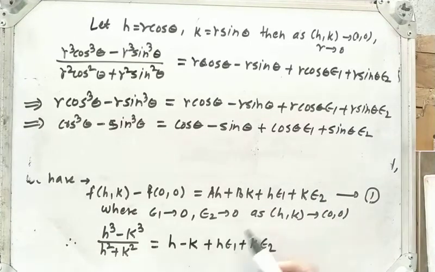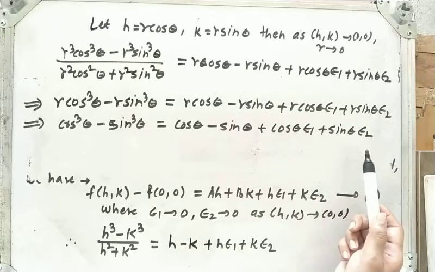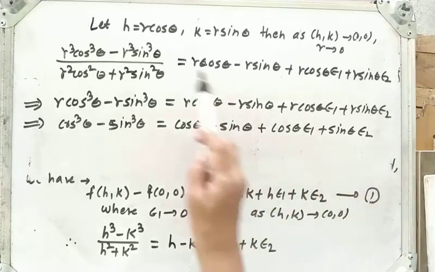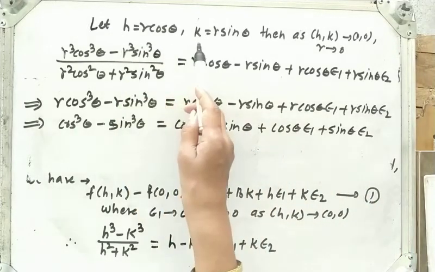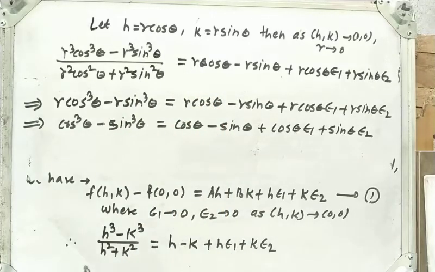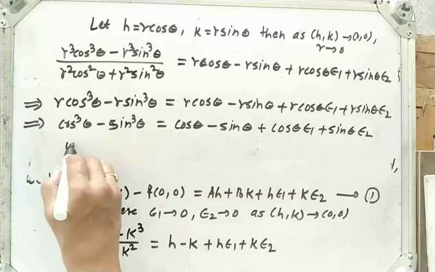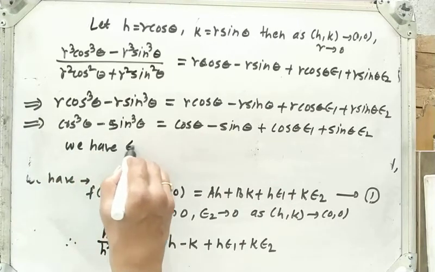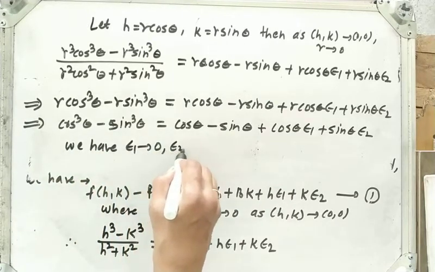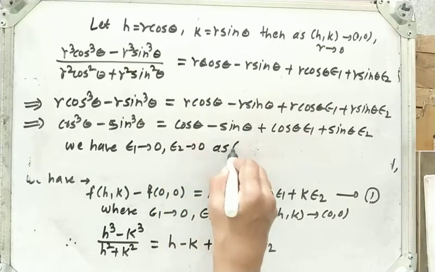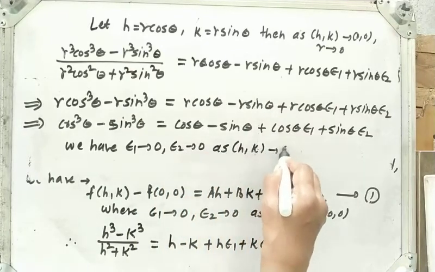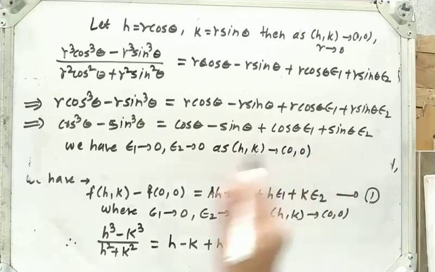But here epsilon 1, epsilon 2 tends to 0, 0, as h, k tends to 0, 0. Okay. So these two terms will be 0. So we have epsilon 1 tends to 0, epsilon 2 tends to 0, as h, k tends to 0, 0.